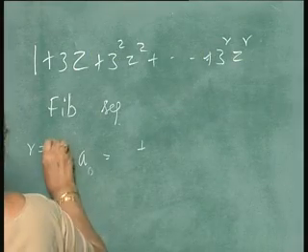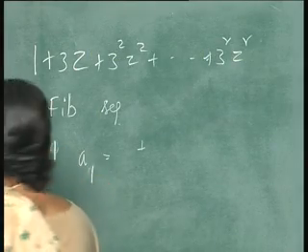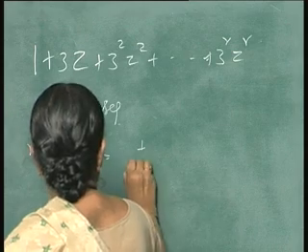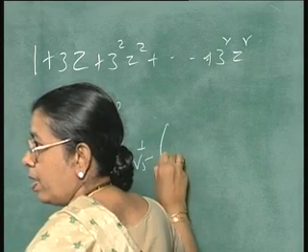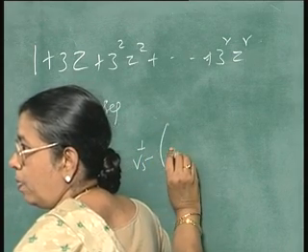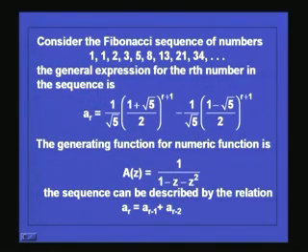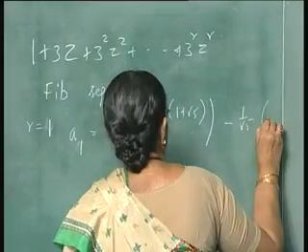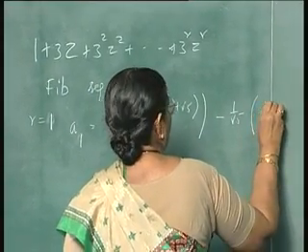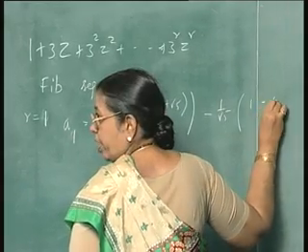Put r is equal to 1, then what is a1? a1 will be 1 by root 5 into 1 by 2 into 1 plus root 5, minus 1 by root 5 into 1 minus root 5 by 2.